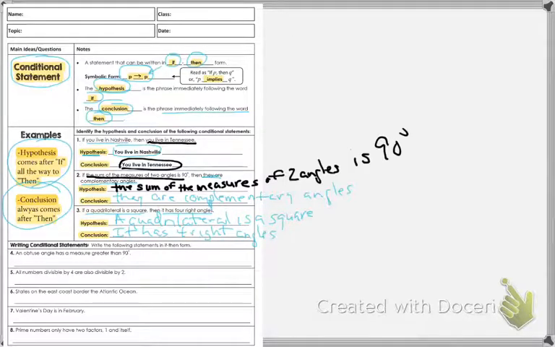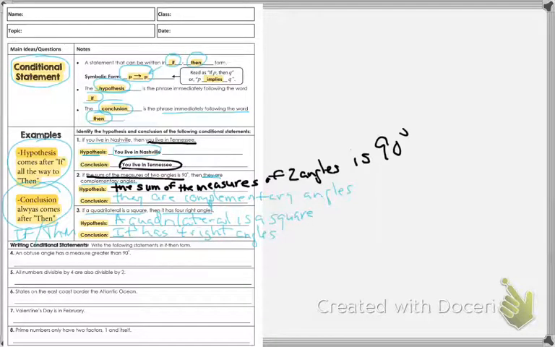Now in the bottom section here, we're going to practice writing our own conditional statements, which means we're going to have to add if, and we're going to have to add then. An obtuse angle has a measure greater than 90 degrees.